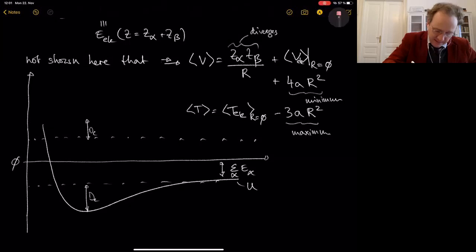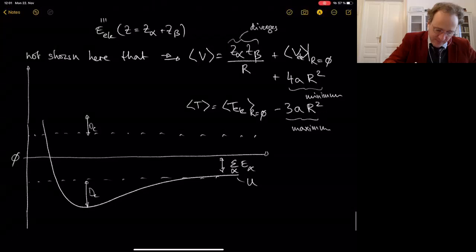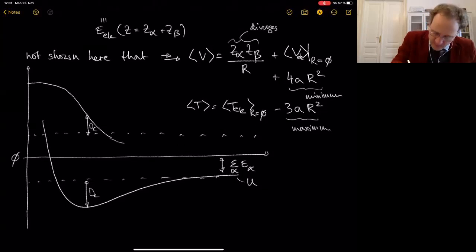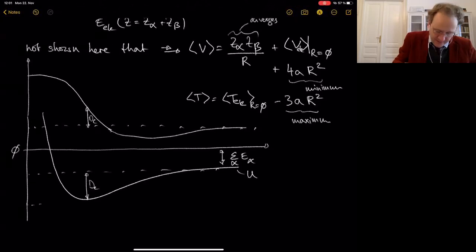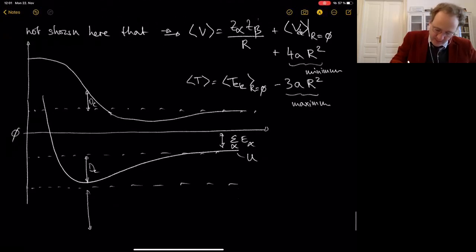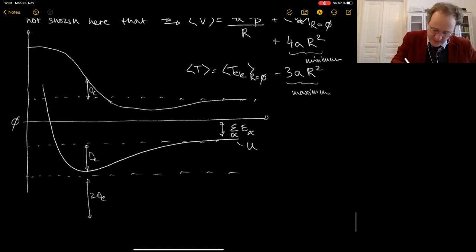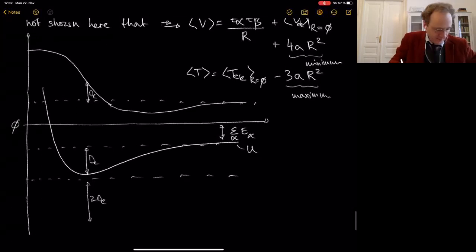the kinetic energy will look something like this. While the potential energy goes way down here with 2dE, and it will look something like this.